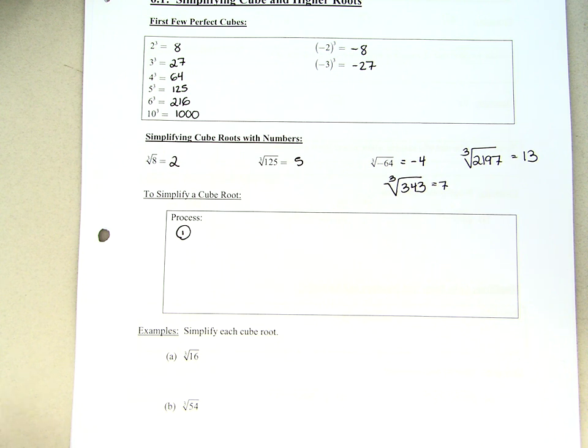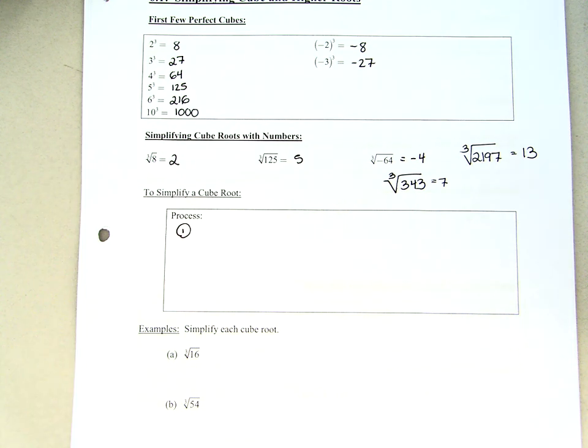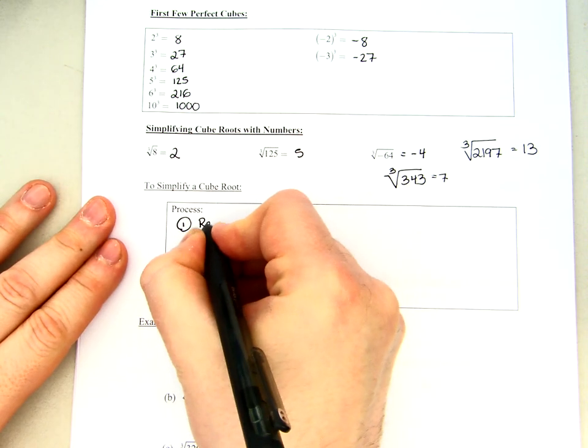Here we go. I want to rewrite the stuff under the root as not a perfect square times something else. Instead, it's going to be a perfect cube times something else.